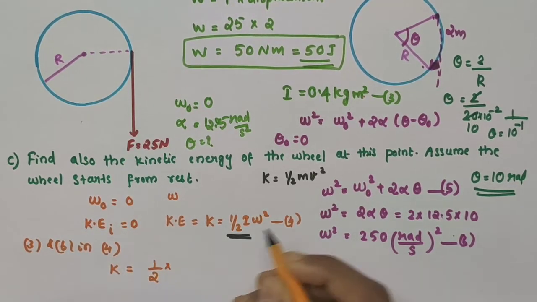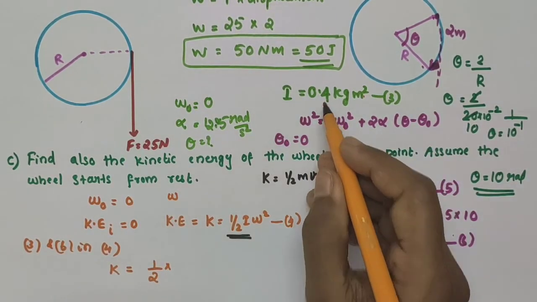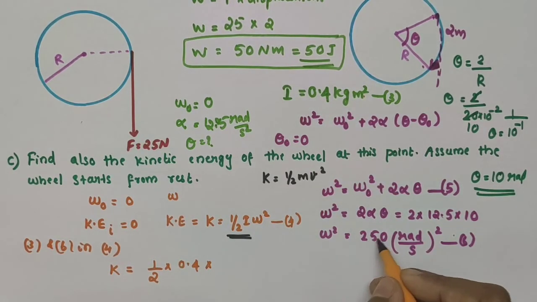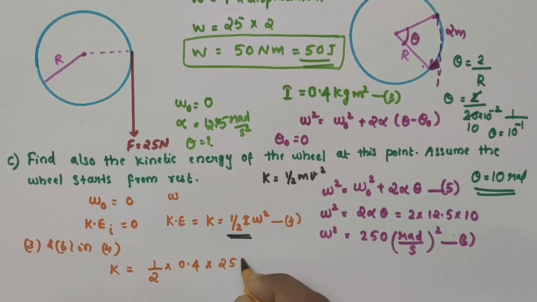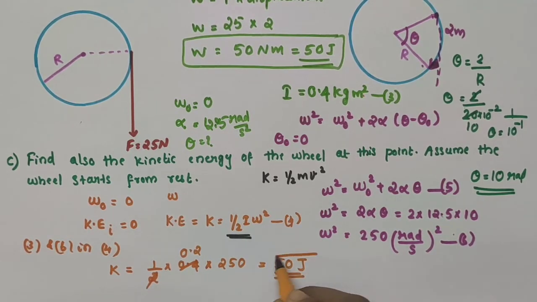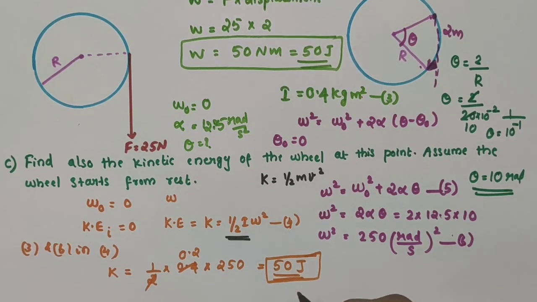So half into I, which is 0.4, into omega square, which is 250. Half of 0.4 becomes 0.2. 0.2 into 250 will give you 50. This is the kinetic energy, so the unit is joule. So kinetic energy gained is 50 joule.